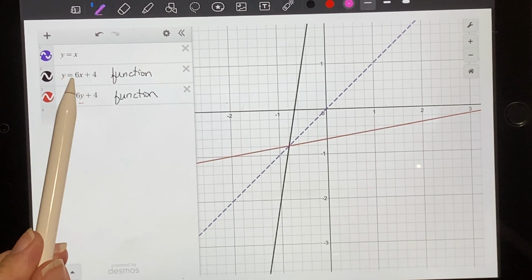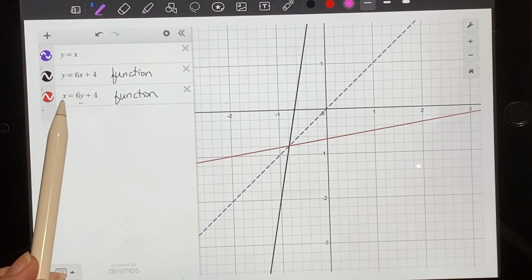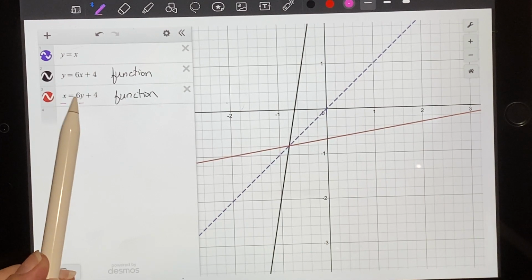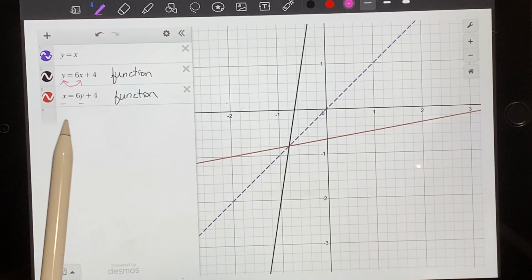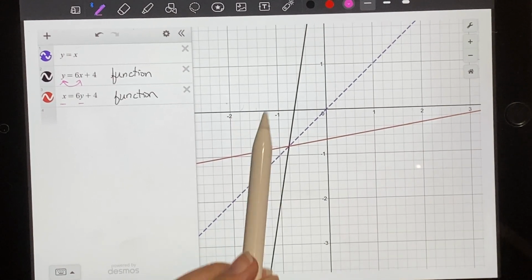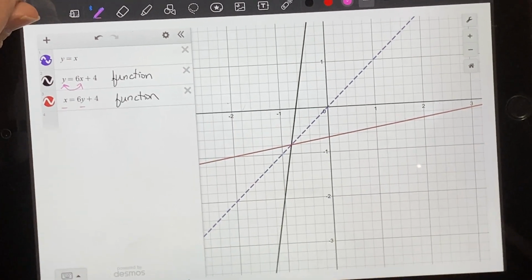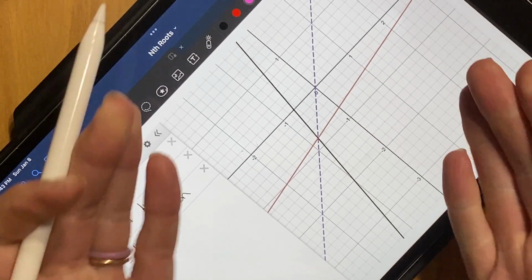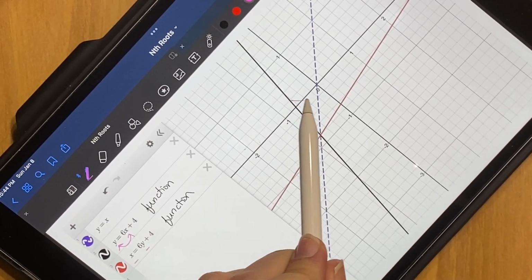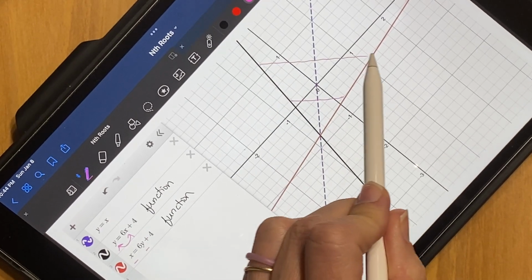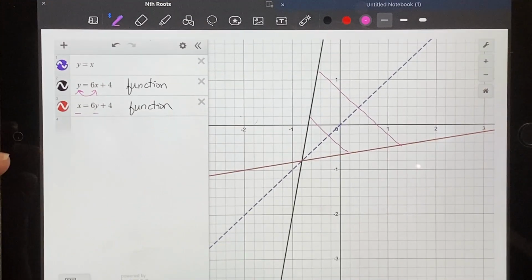So I've got y equals 6x plus 4, and then I've got x equals 6y plus 4. I've swapped those 2 places, and it graphed the red line. It is a function. We can see that if we turn it, that if we were to fold, we would have identical points as we moved across.